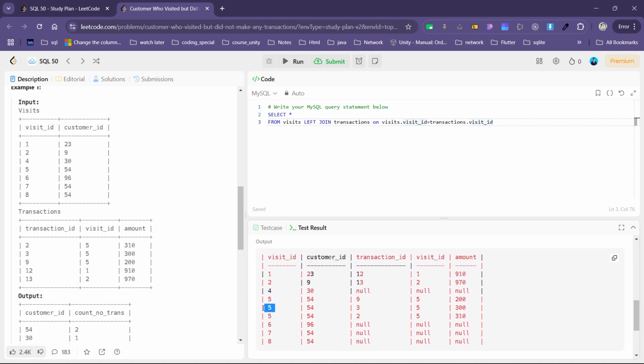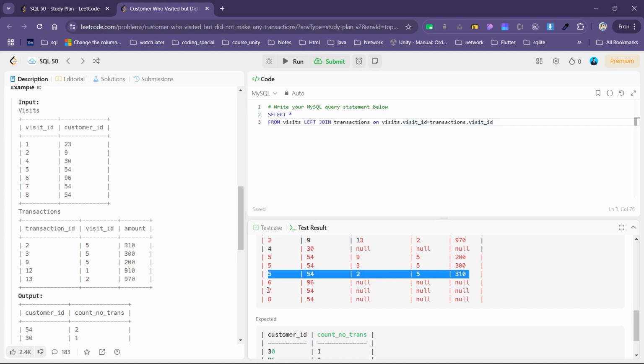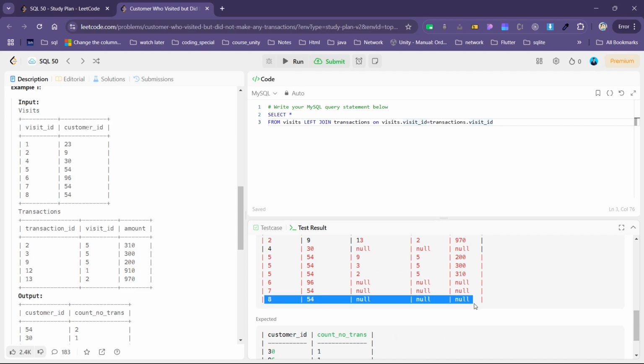It has visit ID of 5 and he visited here and made a transaction of 300, right? Then he again visited with the visit ID of 5 and made a transaction of 310. Then he again visited and didn't make any transaction. Then again with the visit ID of 8, he didn't make any transaction.